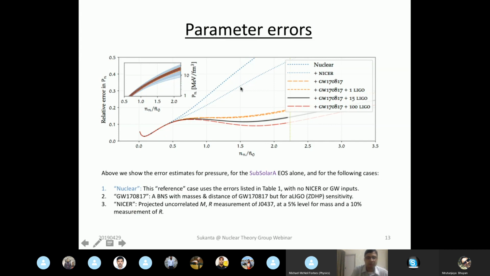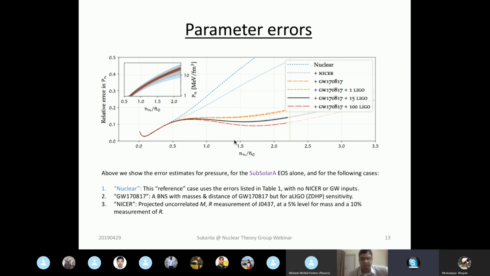So NICER does improve upon it, but essentially it is coming from the MR plane via the microphysical parameter constraints. Whereas with LIGO observations, we are also able to tap into the lambda constraints, the tidal deformability constraints, which add to what NICER alone is able to do. All right, at least for this pressure versus density diagram, given that our parameterization is specifically designed to put constraints in this diagram.